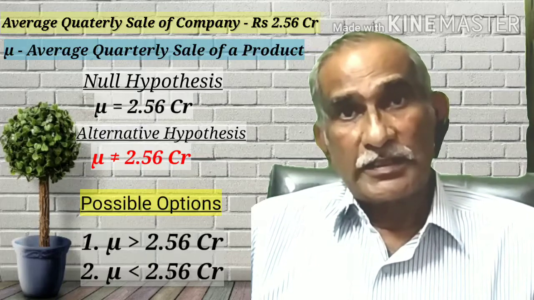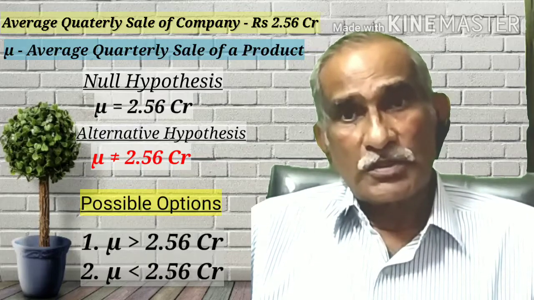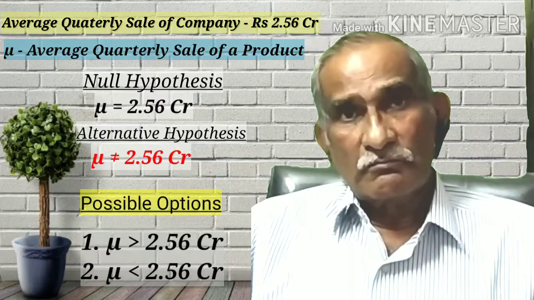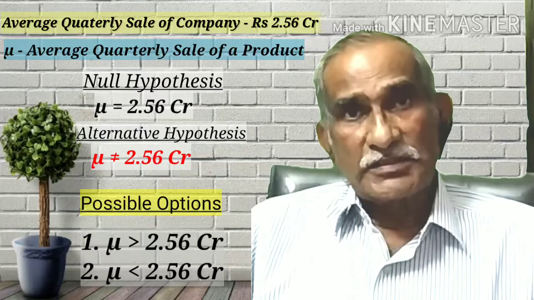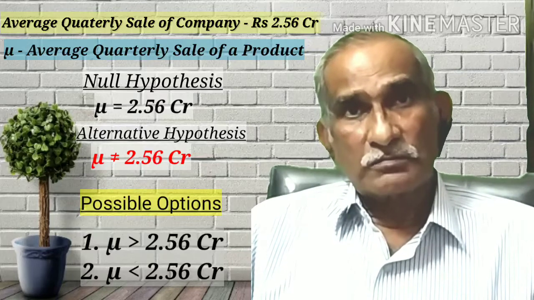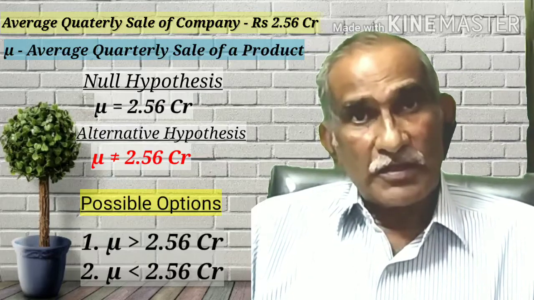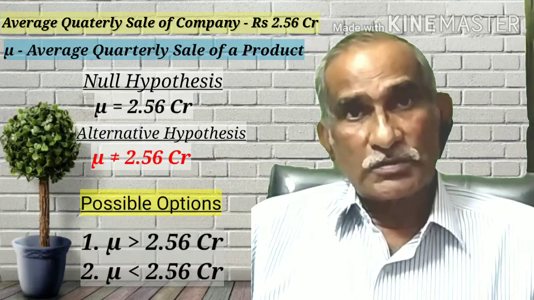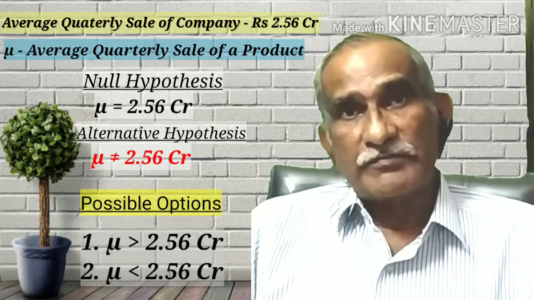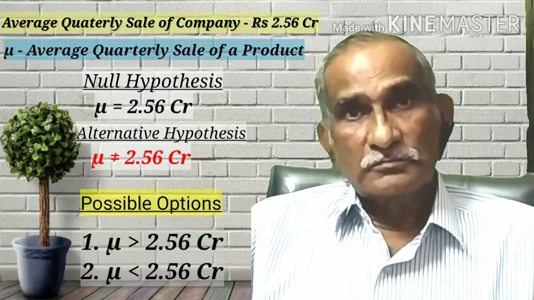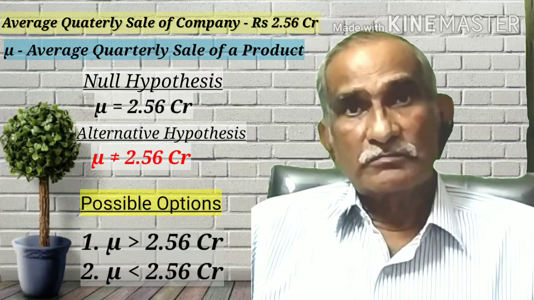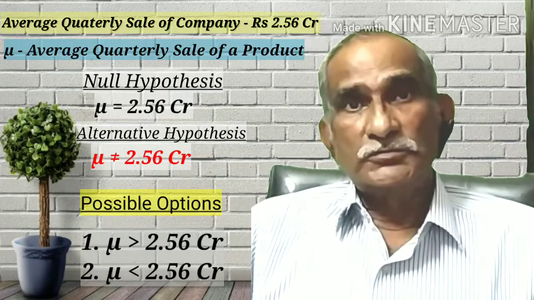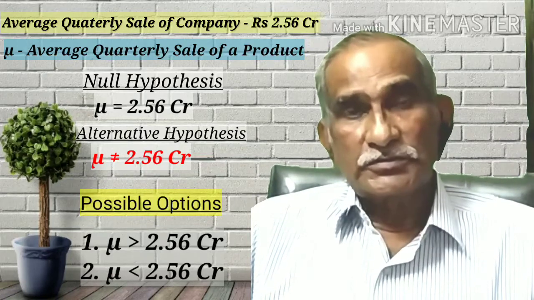But if you are taking that mu is not equal to 2.56 crore, the average quarterly sale is not equal to 2.56 crore, then you are considering this case also, that the average sale is less than 2.56 crore, which is not reasonable to think.